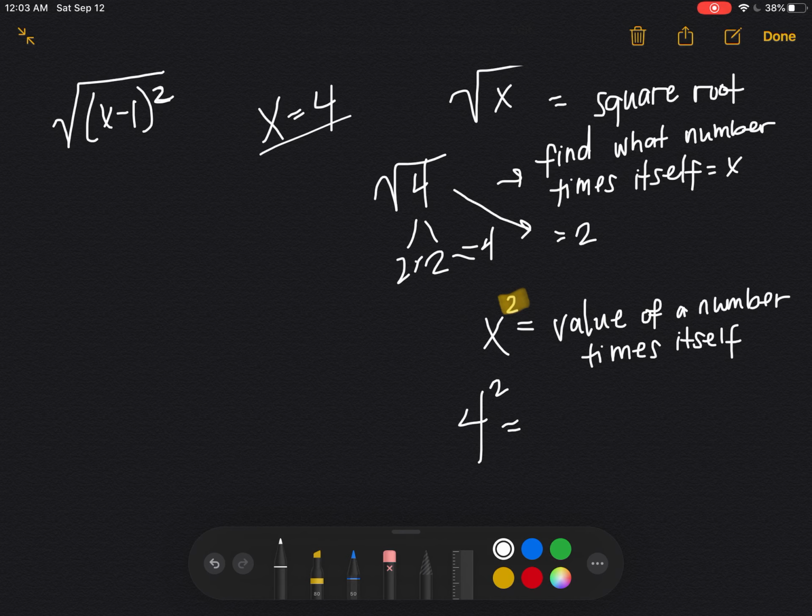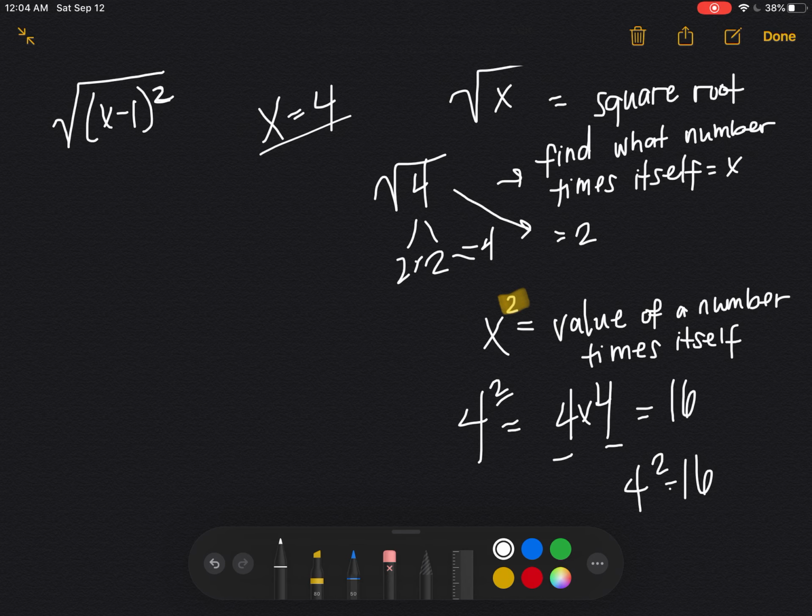So if I have 4 squared, that is essentially saying 4 times 4, right? So that 2 tells me that I need to multiply 4 by itself twice, okay? And that equals 16. So 4 squared equals 16.